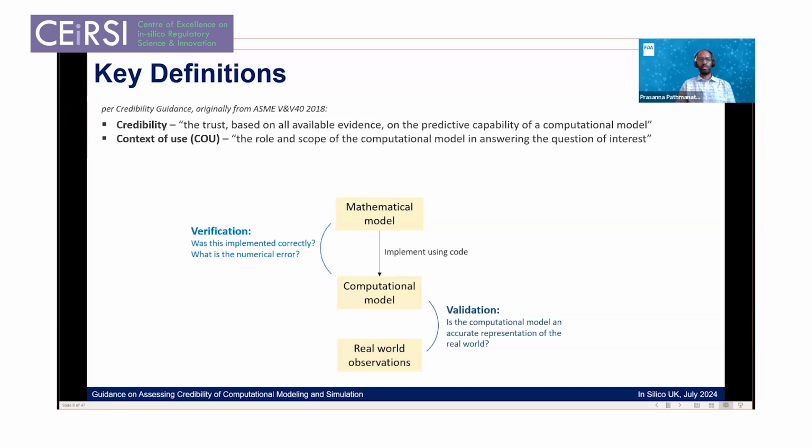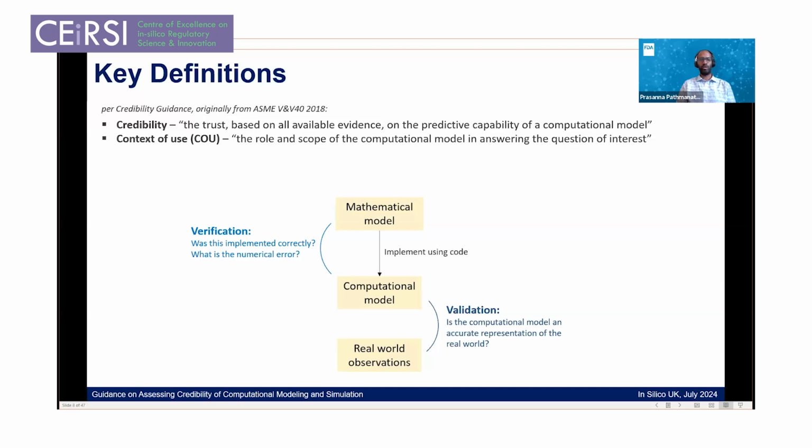Verification basically asks, is a computational model an accurate implementation of an underlying mathematical model? And a mathematical model is basically the equations that you have written down on paper. Computational model is basically what you are able to run on a computer. And so, is it implemented correctly? And what is the numerical error?